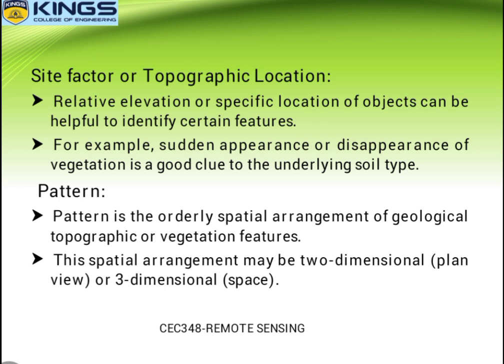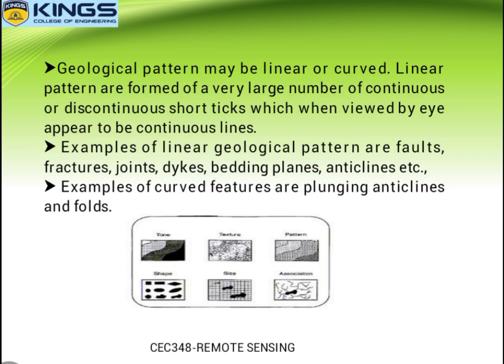Next one is pattern. Pattern is the orderly spatial arrangement of geological, topographic, or vegetation features. This spatial arrangement may be two-dimensional in plan view or three-dimensional in space. Geological patterns may be linear or curved. Linear patterns are formed of a very large number of continuous or discontinuous short ticks which, when viewed by the eye, appear to be continuous lines.